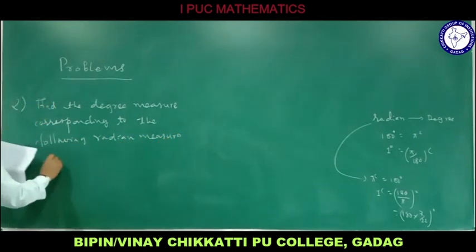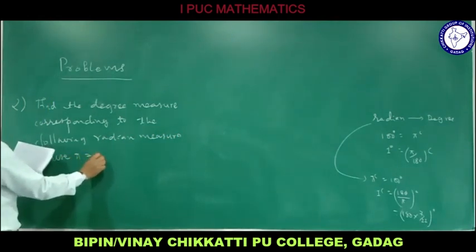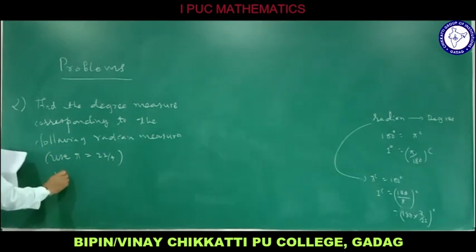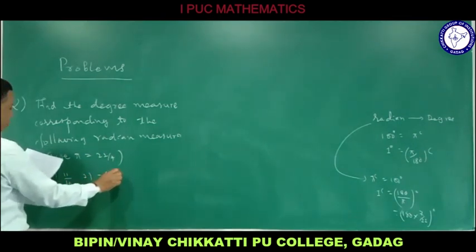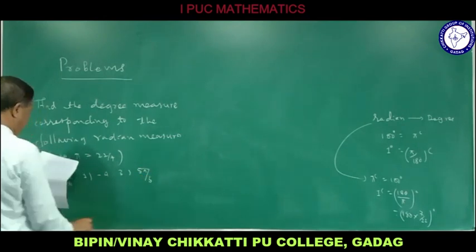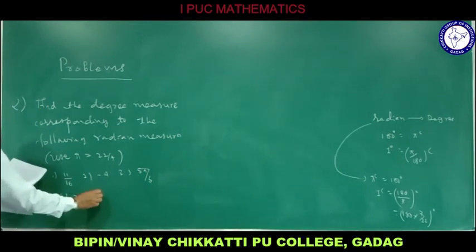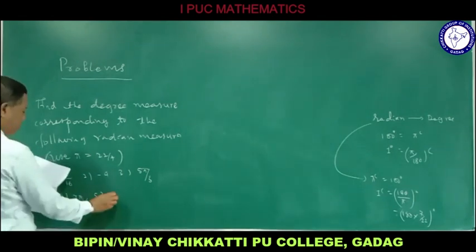In all these cases, use pi equal to 22 by 7. Problem number 1, 11 by 16. Problem number 2, minus 4. Problem number 3, 5 by 3. Problem number 4, 7 pi by 6. Problem number 5, 2 pi by 3.